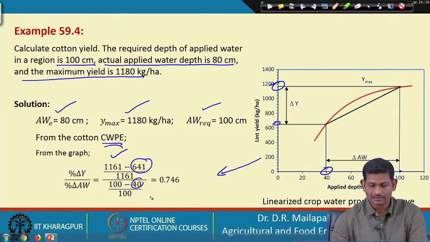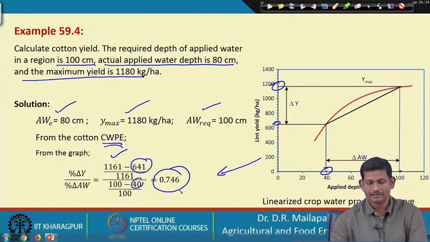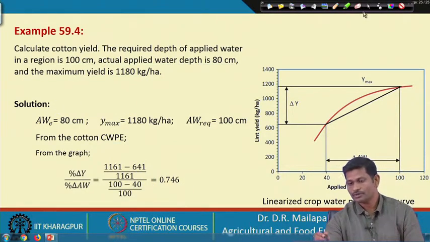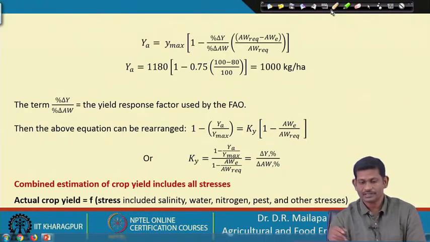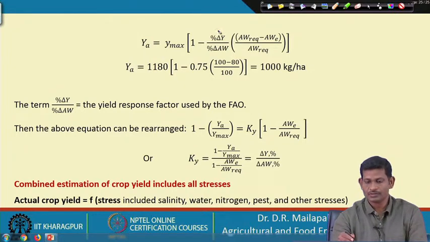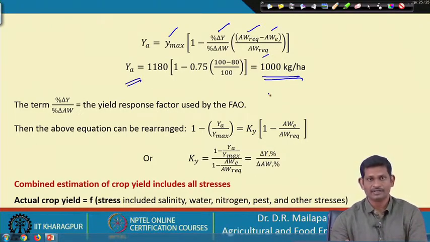Substitute this and you get the slope of this line. Knowing the slope, Ymax and all other parameters, the actual yield will be 1000 kg per hectare.